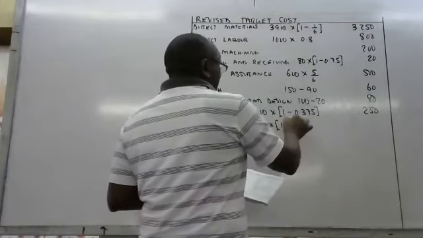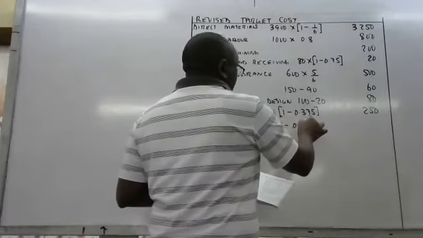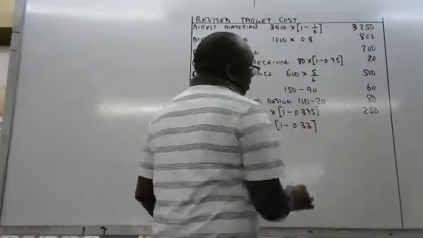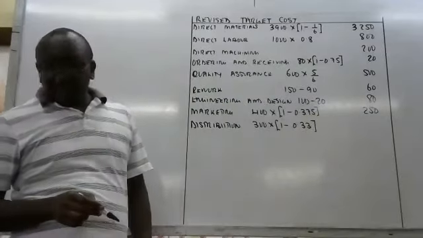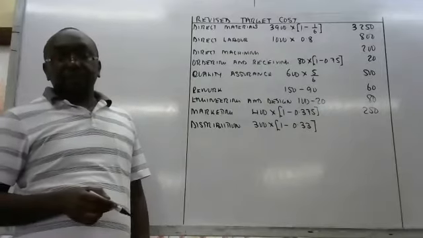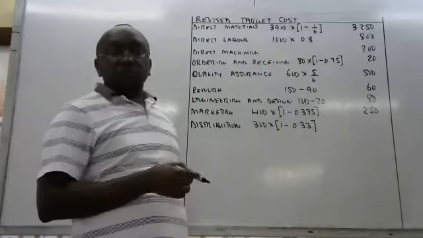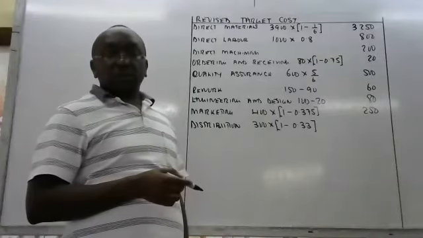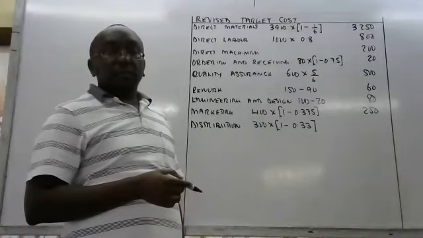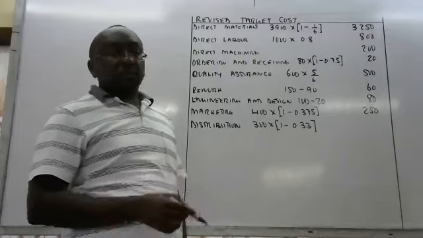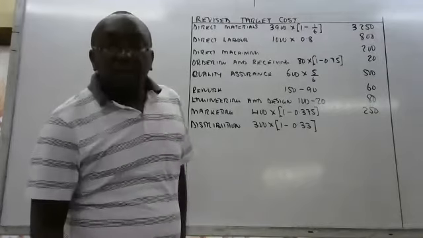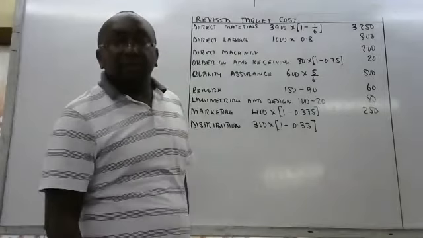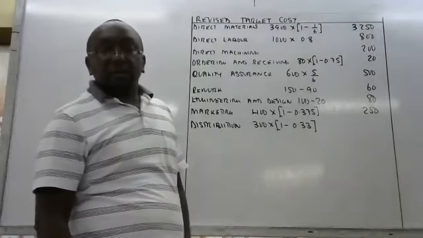So 1 minus 0.33. Let's use 2 decimals. I can see 201.